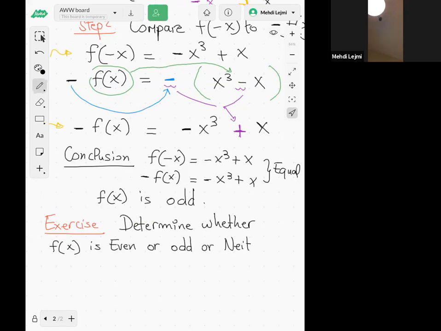Actually, most of the functions are neither, I mean, neither even nor odd. A function could be either even, odd, or neither.